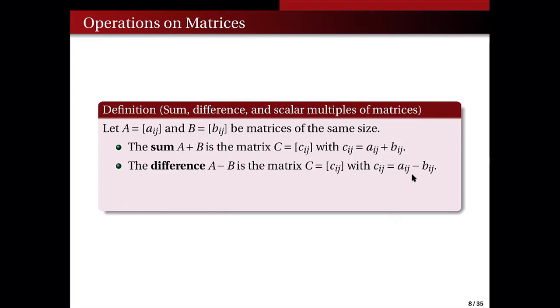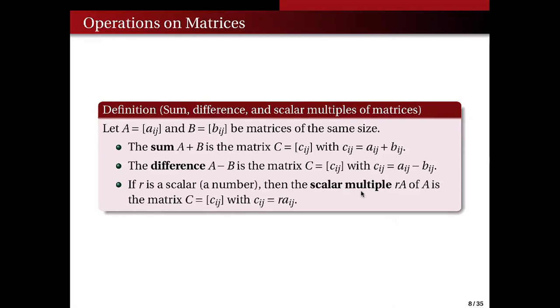The third operation here is called scalar multiplication. So what is this? If R is a scalar, it's just any real number in our case. Then the scalar multiple RA, so R times A here, is the matrix C with entry Cij, where Cij is equal to R times Aij.